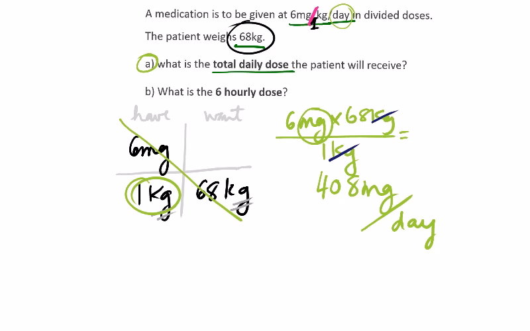Now, when we are asked to calculate the 6-hourly dose, the first thing we have to do is translate what 6-hourly means. Another way of saying 6-hourly is to say every 6 hours.